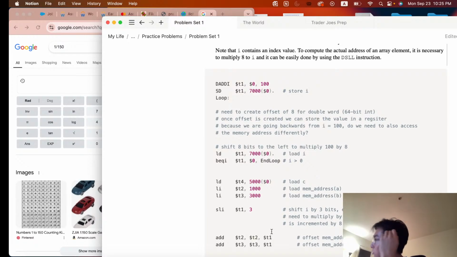Assign 2 questions. Interesting. All right, practice 1.